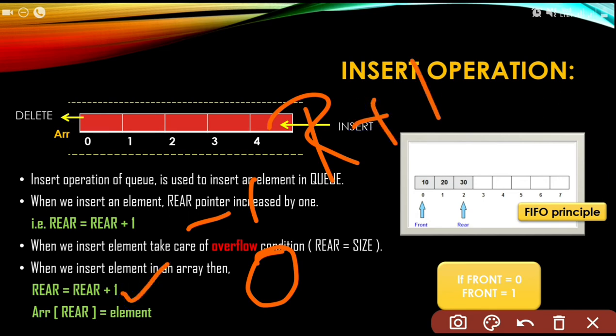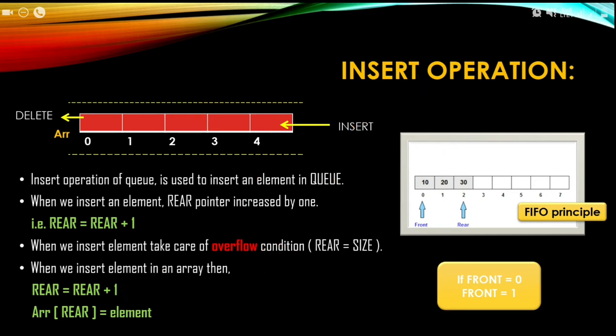But what about front? We have to place front here. You have to keep this condition in your mind, and you have to place this condition in your program also. When you are inserting an element, I'm going to show you how to create the program, but afterwards. Firstly, I'm going to discuss the theoretical material.